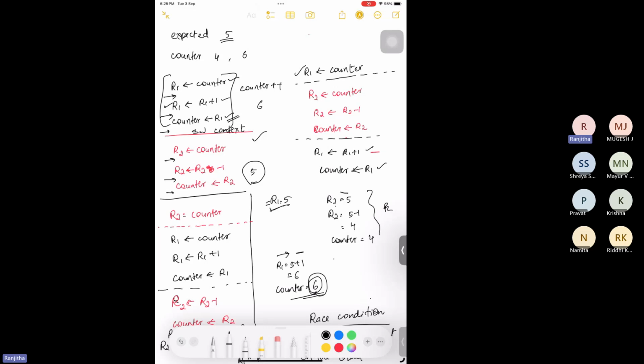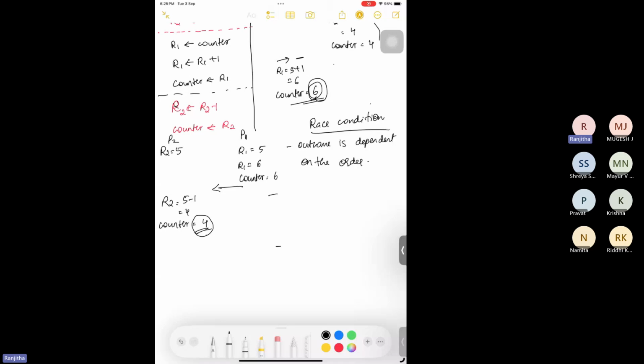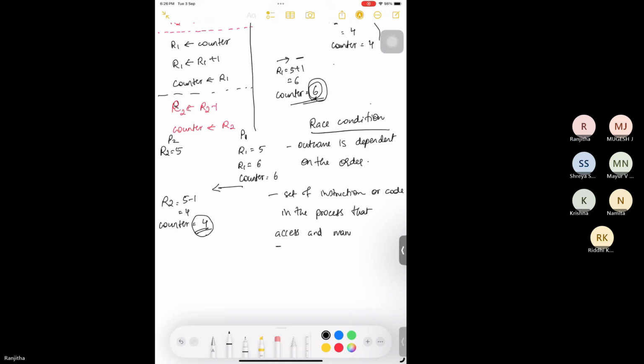The set of instructions or code in the processes that access and manipulate the same data is called the critical section.